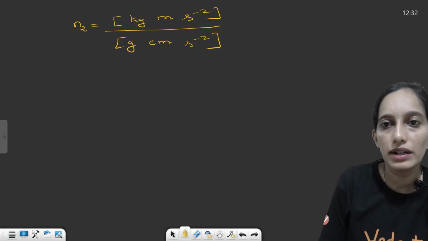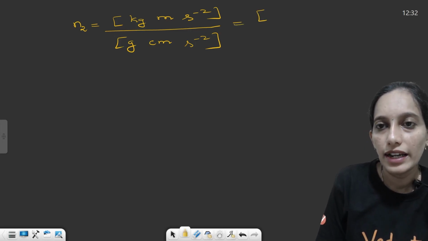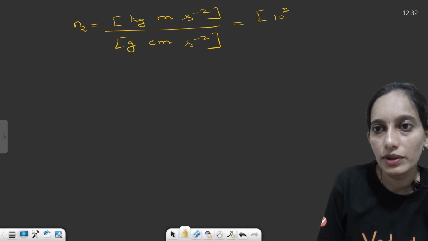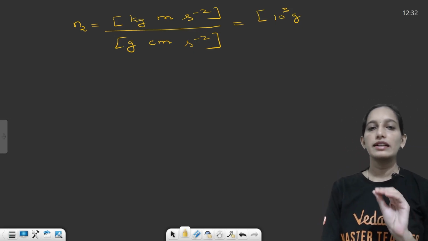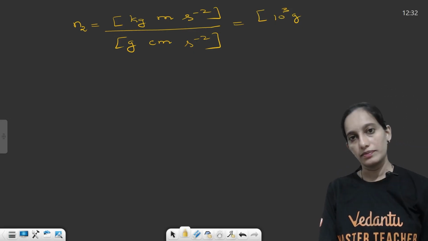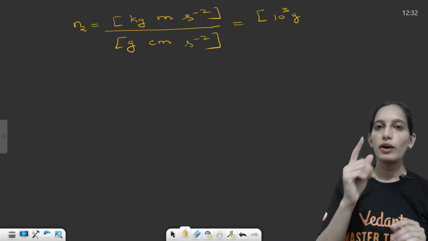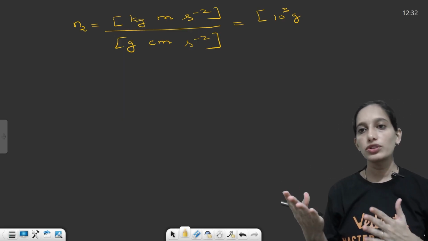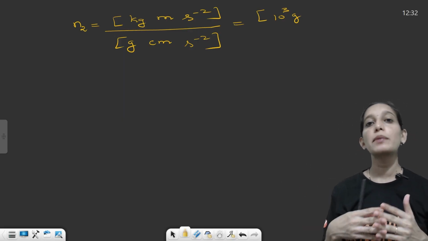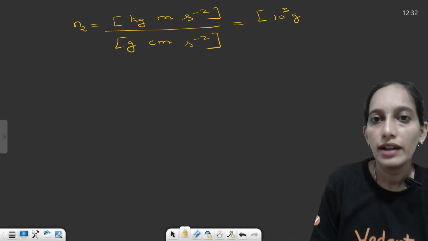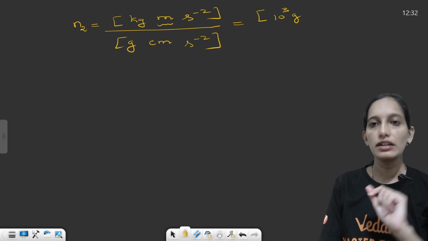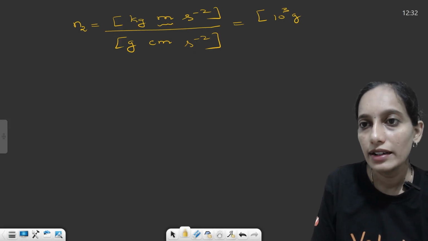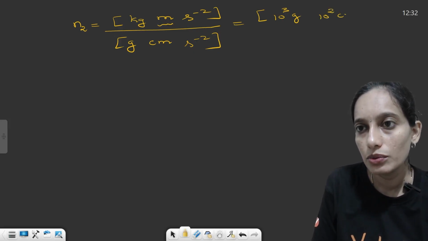Now we can convert this a little. kg is 10 power 3 grams, because kilo means 10 power 3. We know that 1 kg corresponds to 1000 grams, which can be written as 10 power 3 grams. And 1 meter is 100 centimeter, or 10 power 2 centimeters.